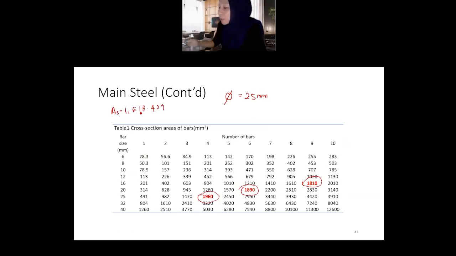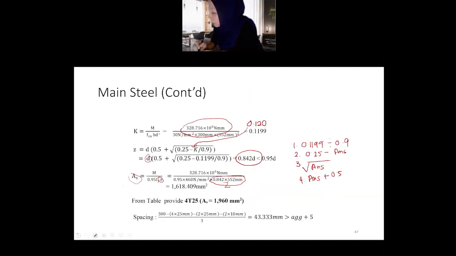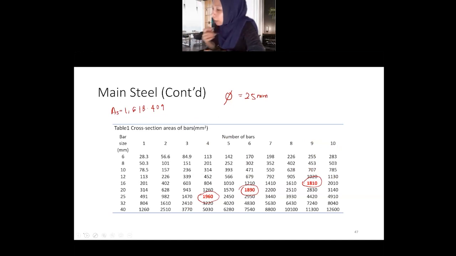We have like few choices yang bigger than the value of AS. You boleh go for 4Y25.